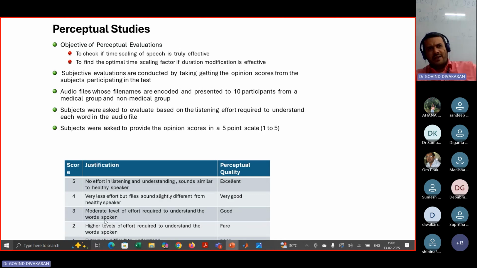If you feel that it is disturbing the listening effort due to certain processing distortion, then you can give a 3. If you can't understand anything and it is totally affecting the naturalness or intelligibility, then you can provide a score of 1.